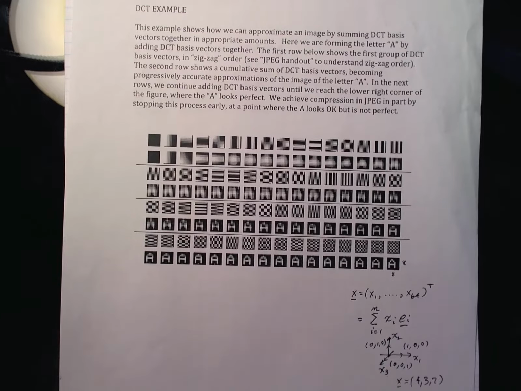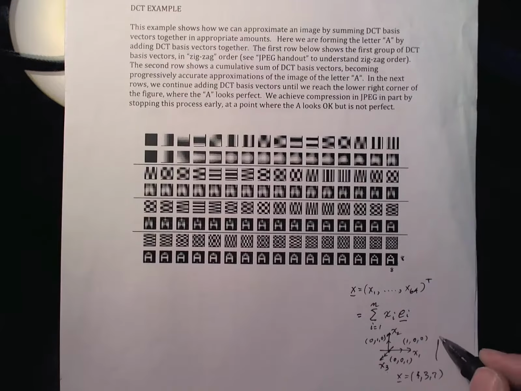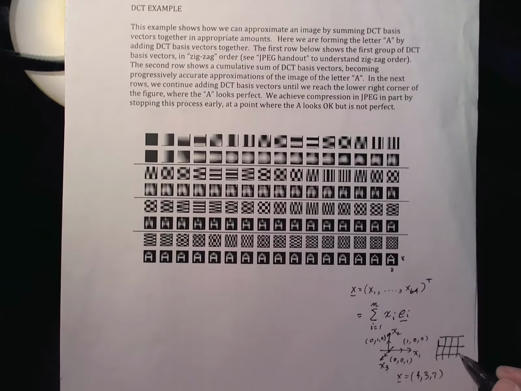Well, in an image, what that would mean is, let's say this is like a corner of the image. That would mean put the number 4 here. And now if I stop reading, all you know about the image is the pixel in the corner.